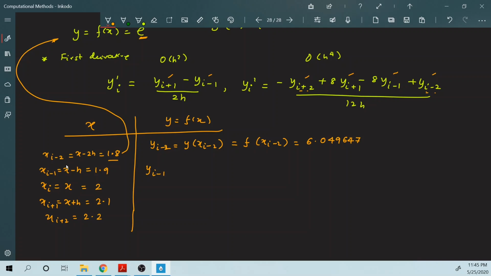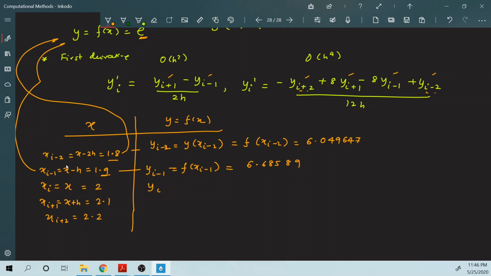So again, this is going to be yi minus 1, that is f of xi minus 1. And when you substitute the value 1.9, that is xi minus 1, in the function here, you'll get the value, and the value comes out to be 6.68589.